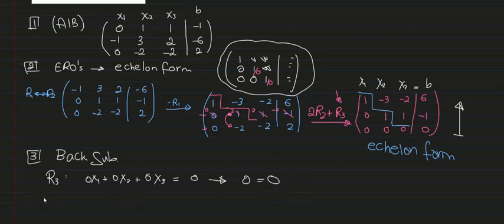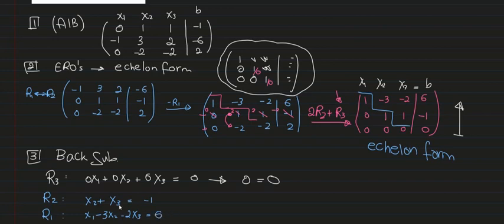But we still have an equation for row 2. Here x1 is eliminated, and we have x2. I will tell you soon what we are going to do in this case, plus x3 equals -1. And let's read the last row, row 1, which is 1 times x1, so it's x1, minus 3 times x2, which is x2, minus 2 times x3, and this will be equal to 6.